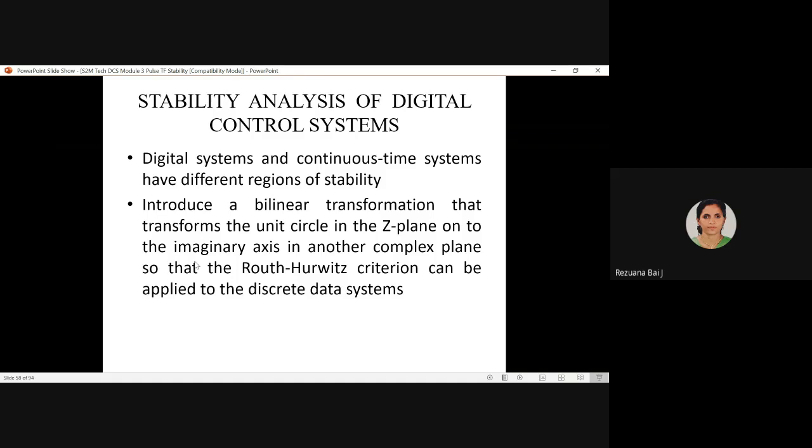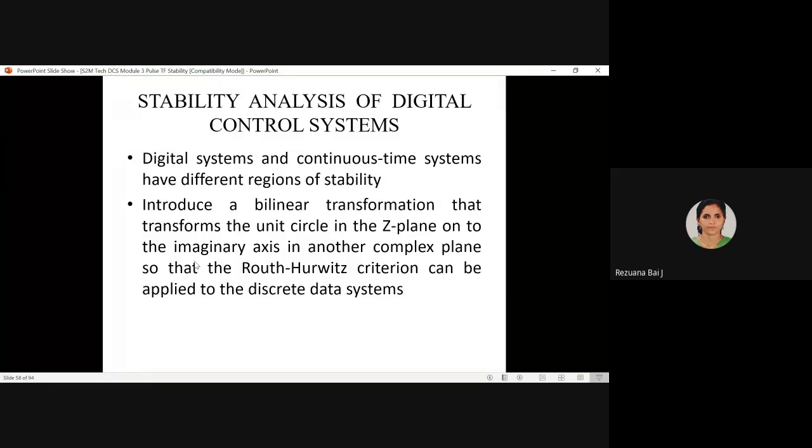That is to be converted back to the S-plane so that we can apply Routh-Hurwitz, because Routh-Hurwitz is a continuous domain analysis, where the regions of stability are the same as those of the continuous domain. Okay, so that is the idea.